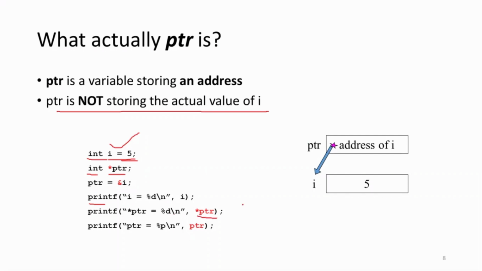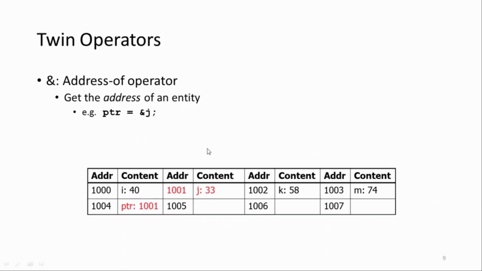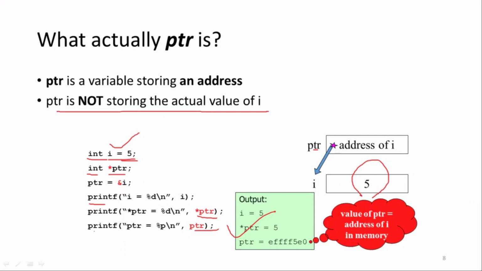Here ptr holds the address of I, and the value is 5. I is equal to 5, pointer 5, and ptr like that. The value of ptr is the address of I in memory, that is ptr is equal to EFF.